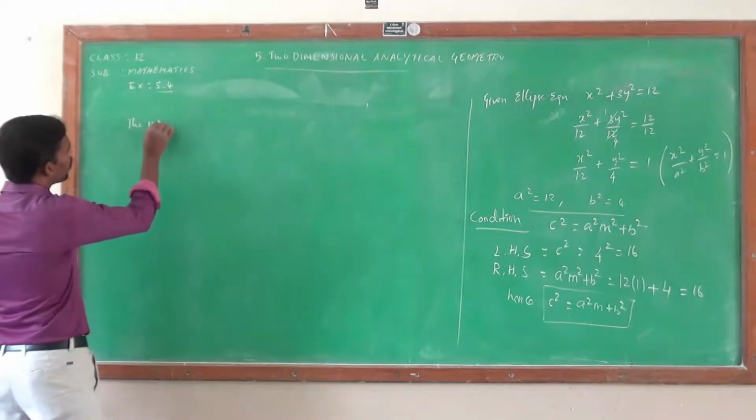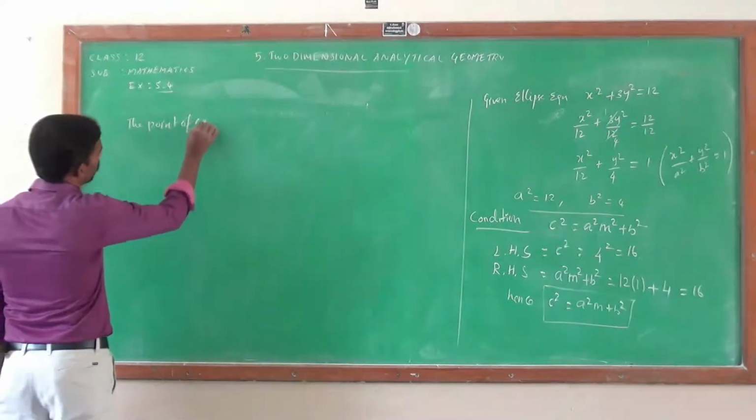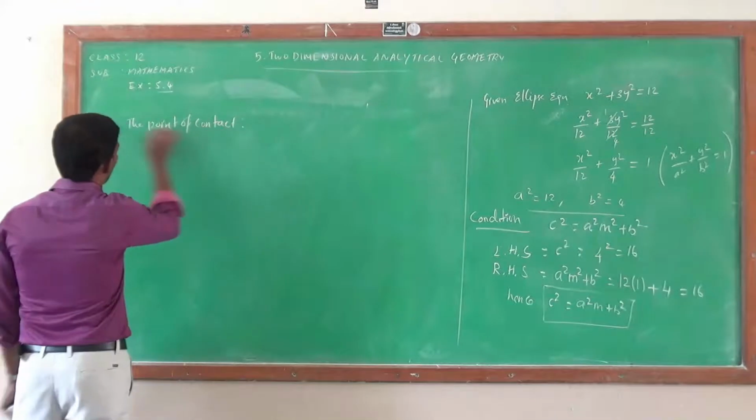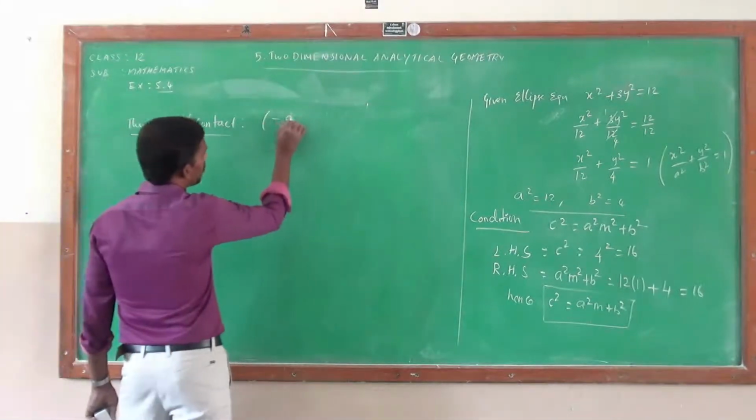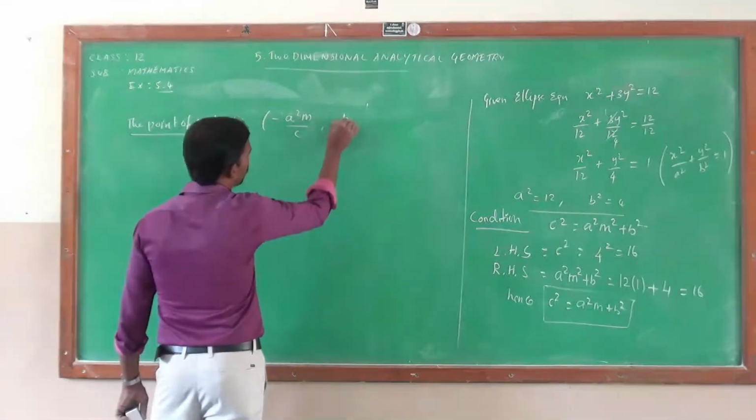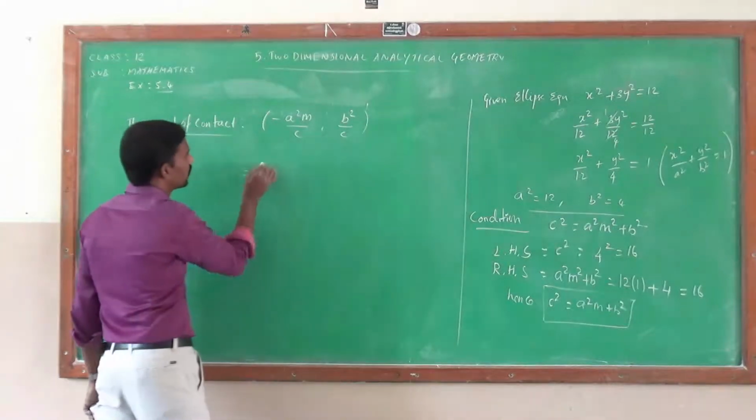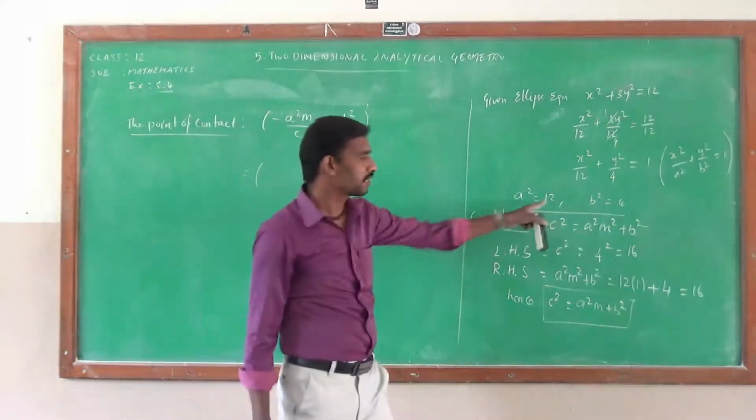Therefore, the point of contact, minus a square m by c comma b square divided by c, which is equal to, what is the value of a square? 12.